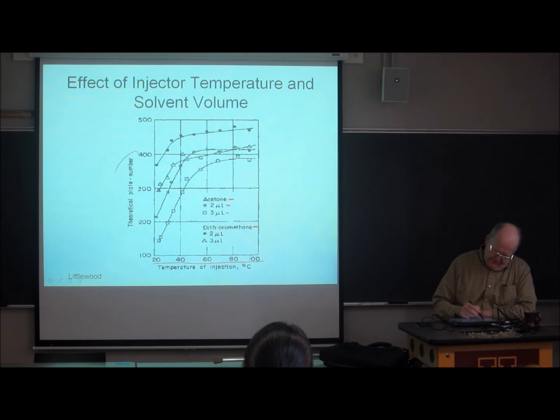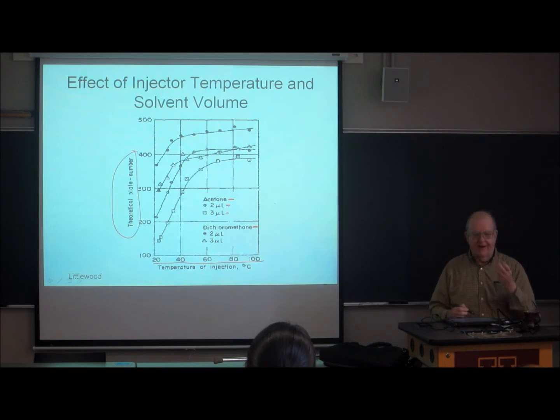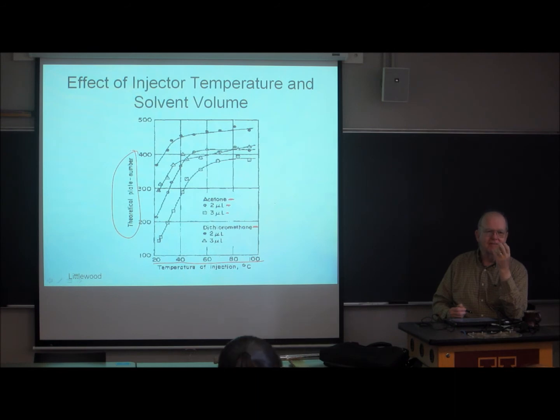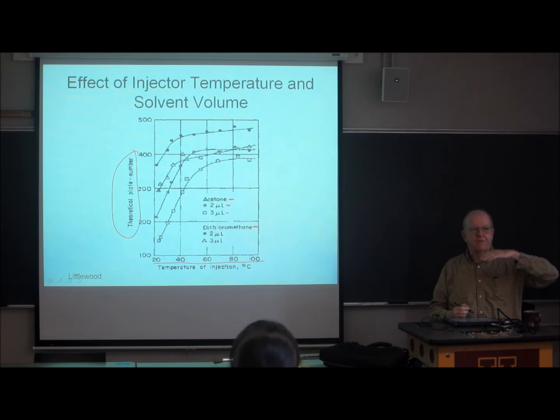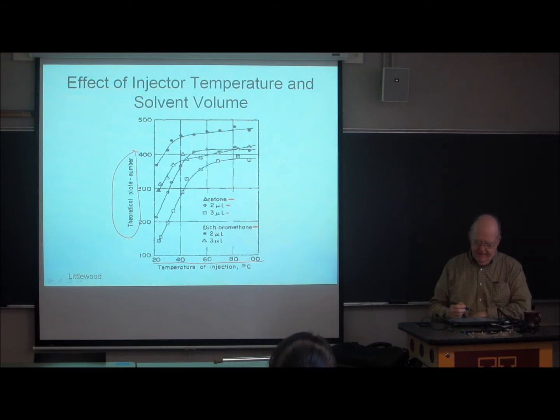And this is the number of theoretical plates that the injector was essentially delivering. So the higher the number of theoretical plates, the narrower the peak is that comes out of the injector before it gets into the column. So we want as big a number as possible.